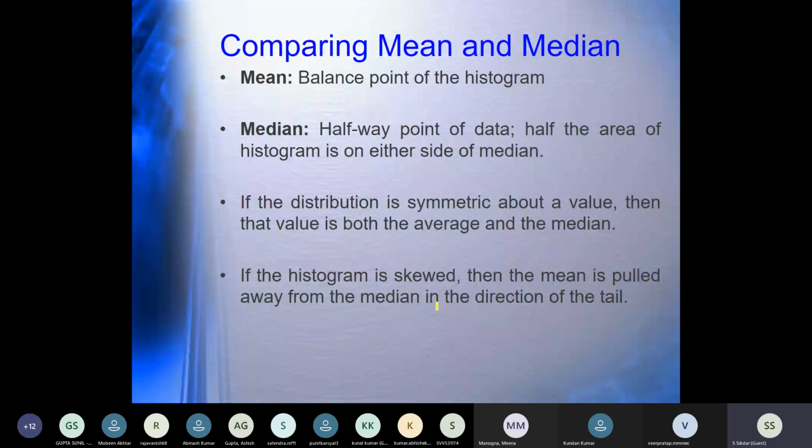And if the histogram is skewed, then the mean is pulled away from the median in the direction of the tail. But this is not true if the numbers are not very sequential; in that case, sometimes it has been found that this is not valid. So there are some special cases.